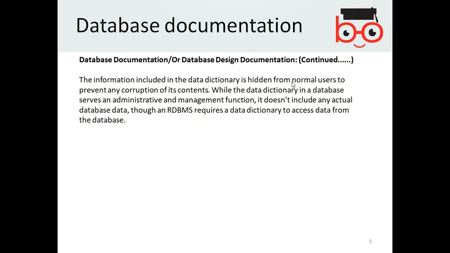Though a relational database management system requires a data dictionary to access data from the database. So if you want to access the data from the database, then you should be able to get the data from the data dictionary.